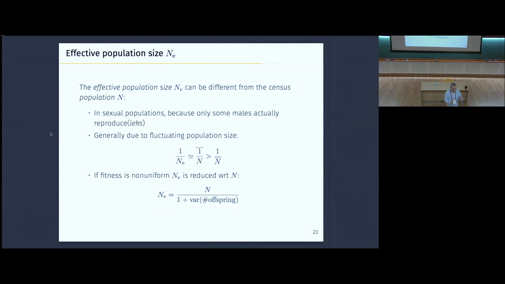If I look at a small chunk of the genome, then I can treat the whole process as being asexual, but this effect is there. That means, for instance, that most of the male chromosomes do not enter the population if there is a lack. So the effective population is smaller than the census population.